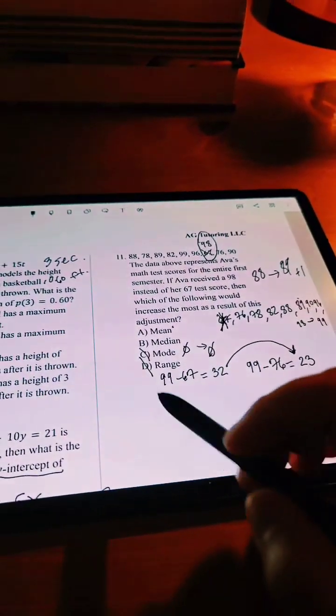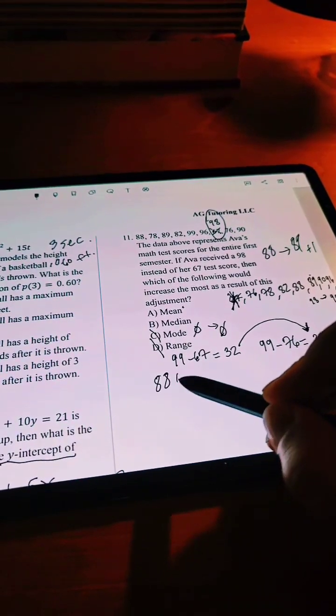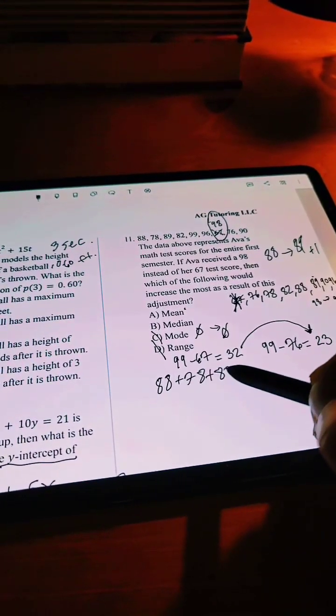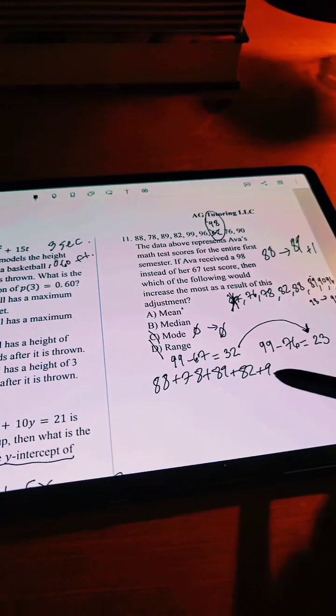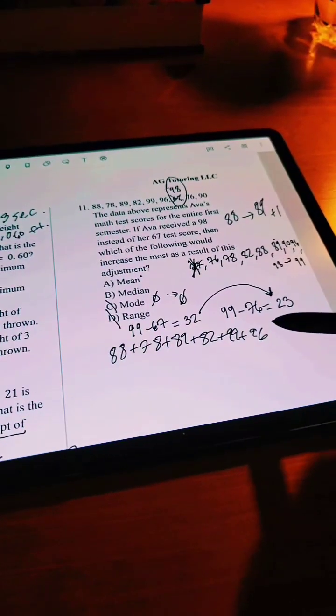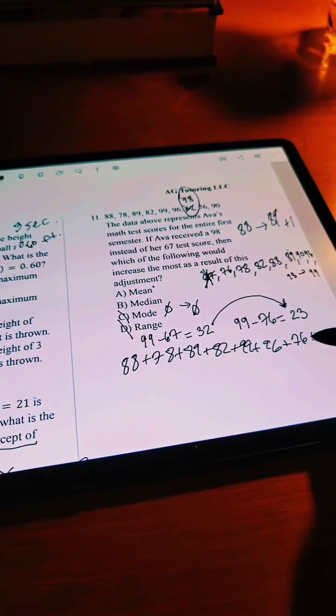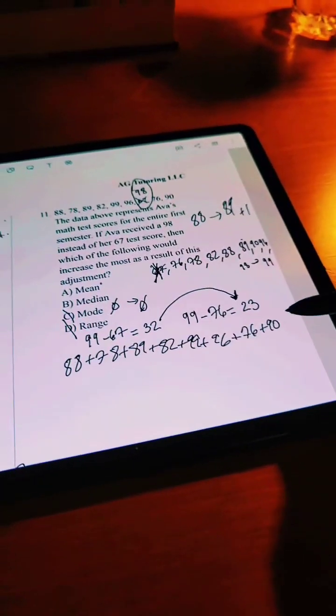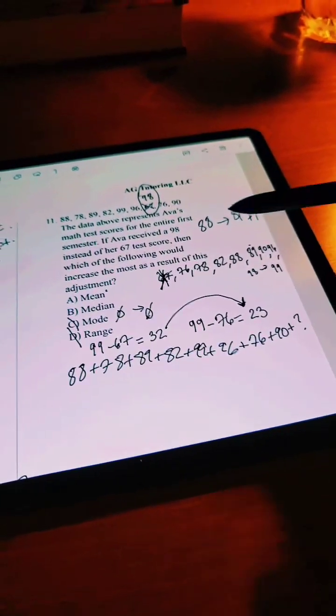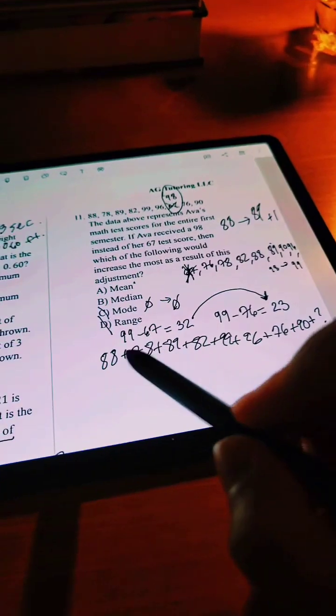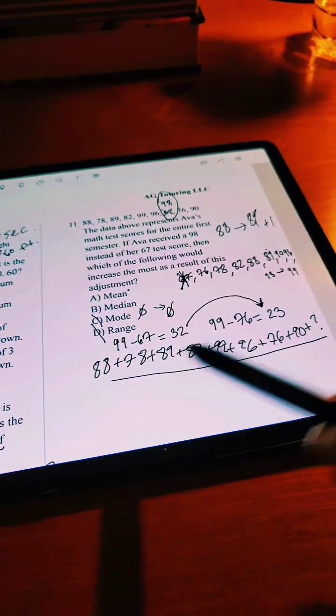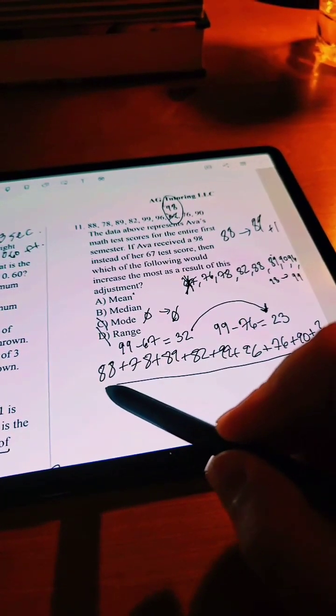We do 88 plus 78 plus 89 plus 82 plus 99 plus 96, and I'm skipping that one, plus 76 plus 90, and then plus whichever of these we pick there, for the sum of all the test scores or data points on top.